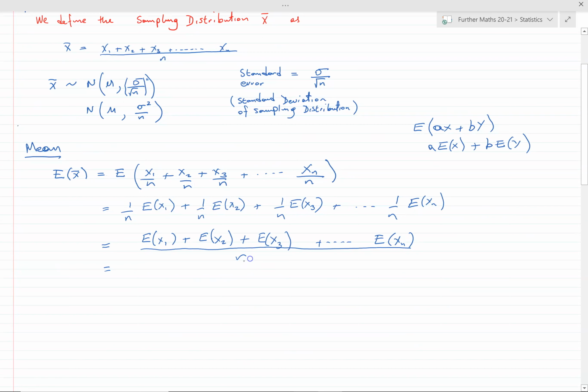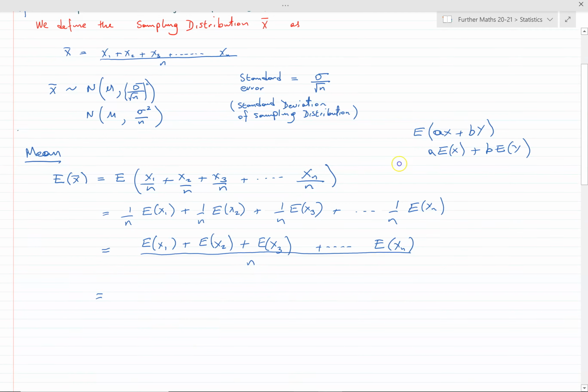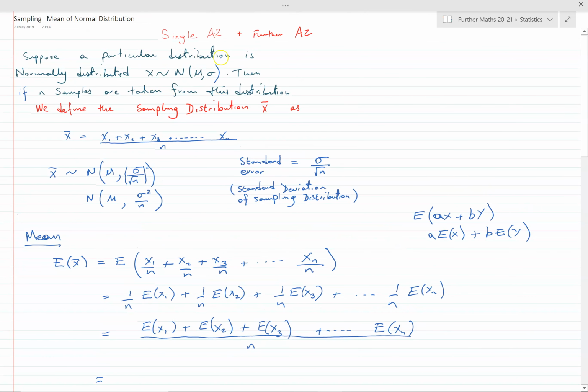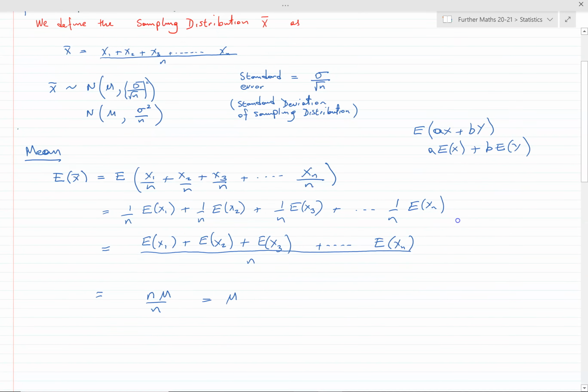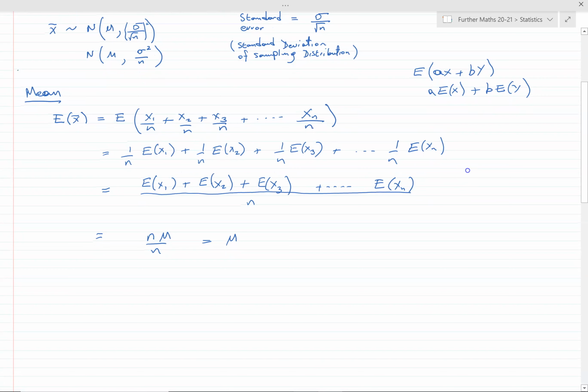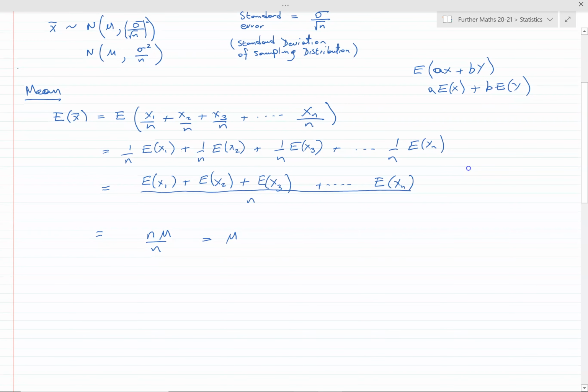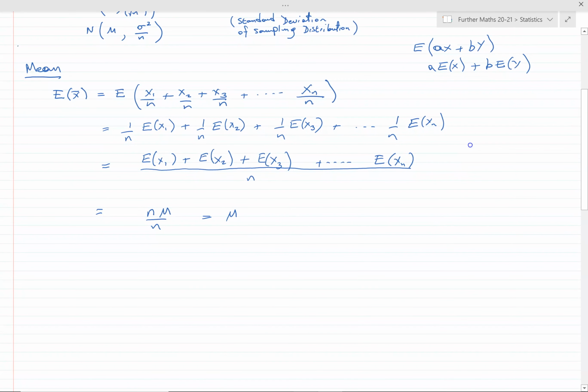Now, by definition, remember x1, x2, x3, x4 are all just observations from the original, so they have the same distribution as the original normal distribution. So the expectation of those is mu. So we've got n lots of mu, so that's n mu over n, which is equal to mu. So the expectation of the sampling mean is the same as the mean of the original distribution, which is intuitive, of course.